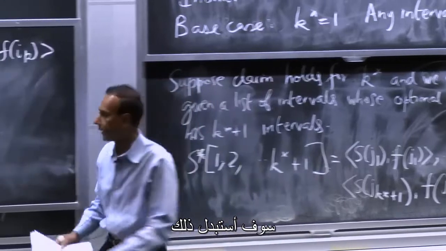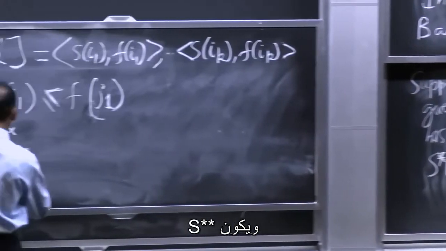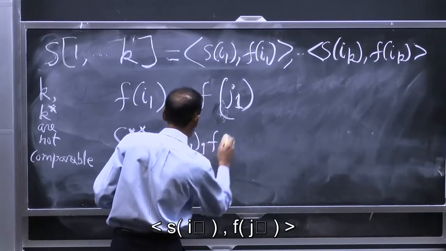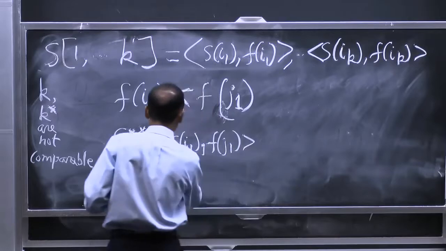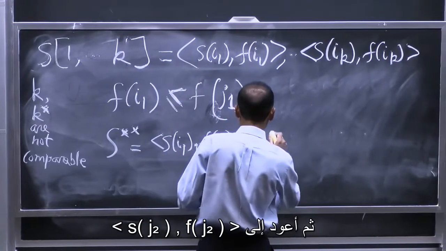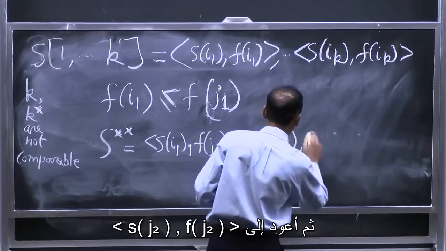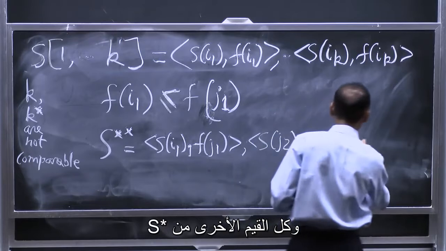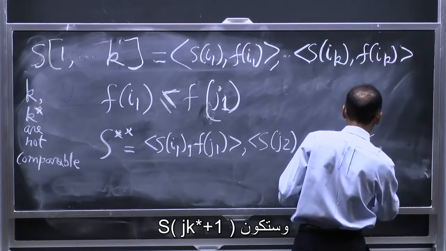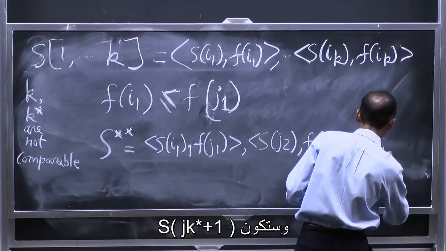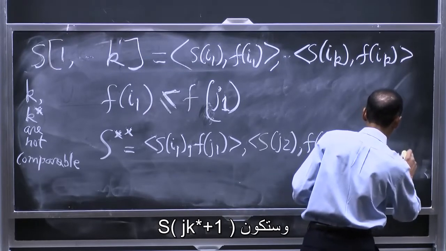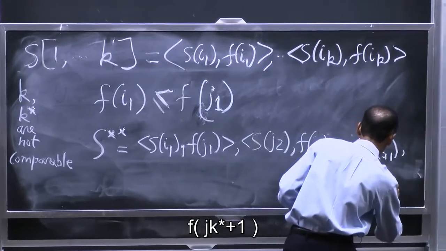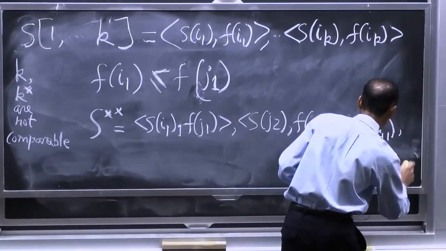So I'm just going to replace that, and so S star star is S I1, F I1, and then I'm going to be going back to S J2, F J2, because I'm going back to S star, and all the other ones are coming from S star, so they're going to be S J k star plus 1, comma F J k star plus 1.